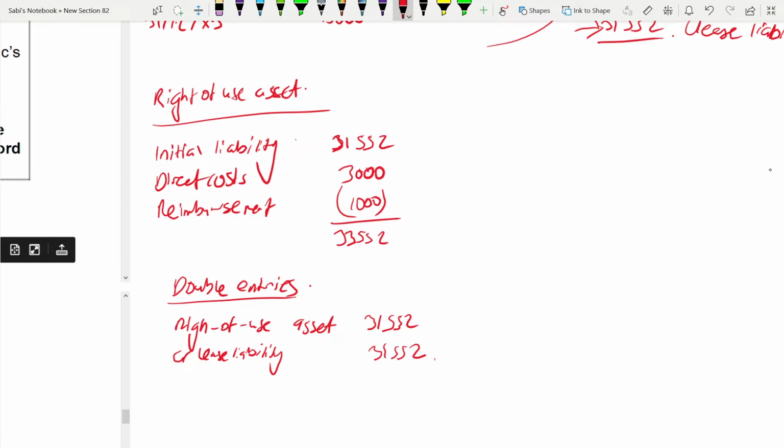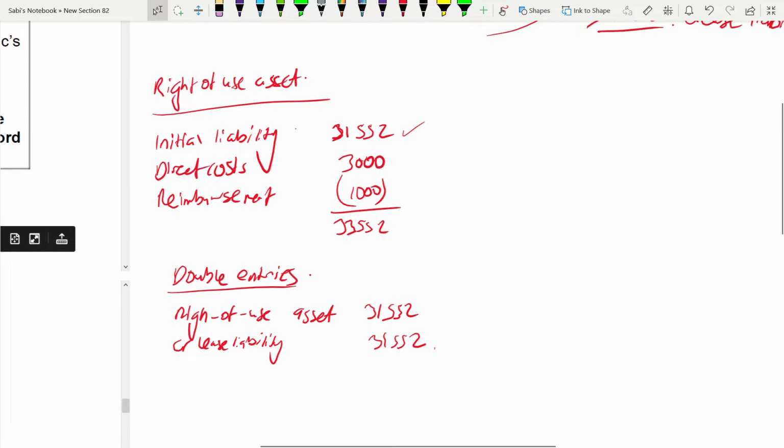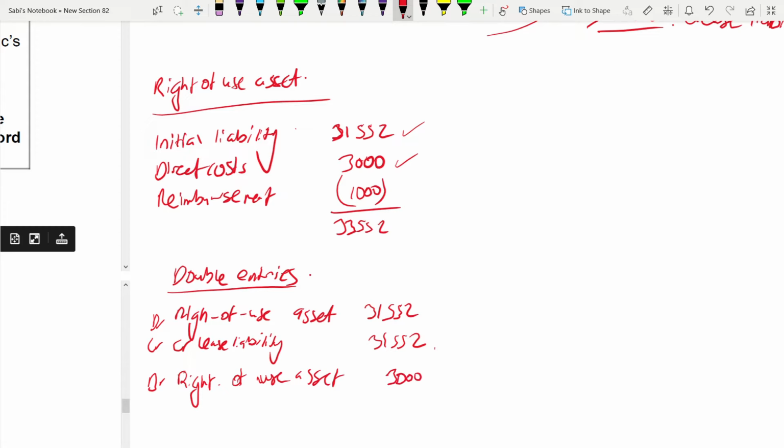That was for the first one. Now for the direct cost. Debit the right of use asset again, because you have added this direct cost, 3,000. Where did you credit? Cash, because this cost will go out of cash.